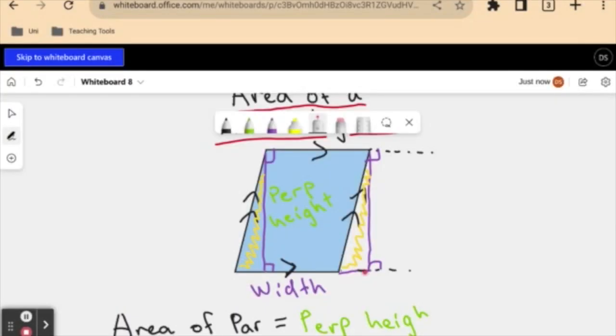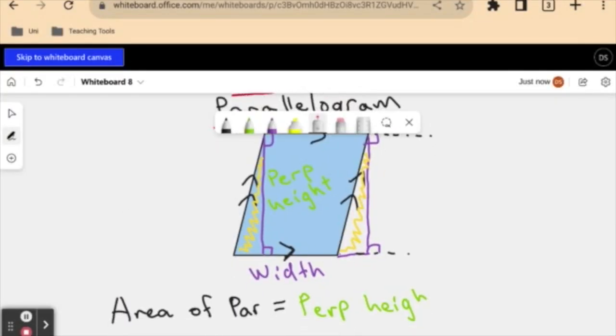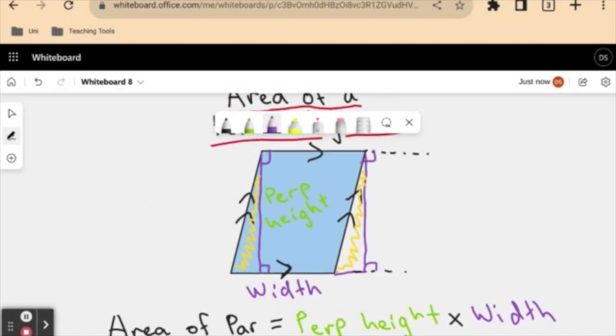So the area of our parallelogram is our perpendicular height, I've got my T there, multiplied by our width. So in a lot of questions you may encounter, you will be given these dimensions. So I'm going to rub out all this stuff that I drew, so we're left with the original parallelogram we had.